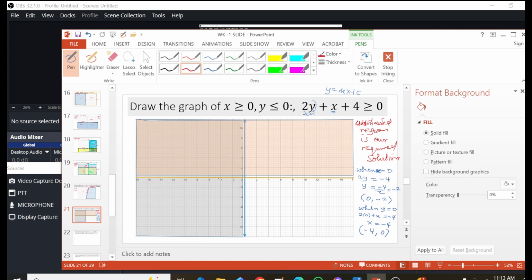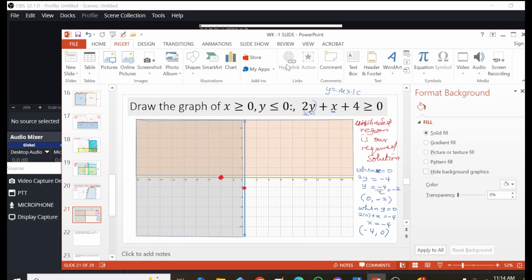So this is minus 4 here. So we use this part and this part. These are the two points that our line cuts across.